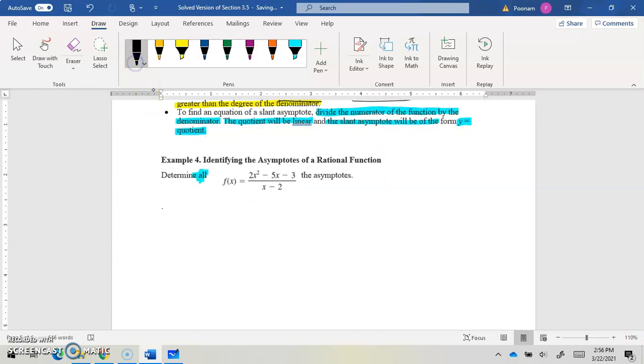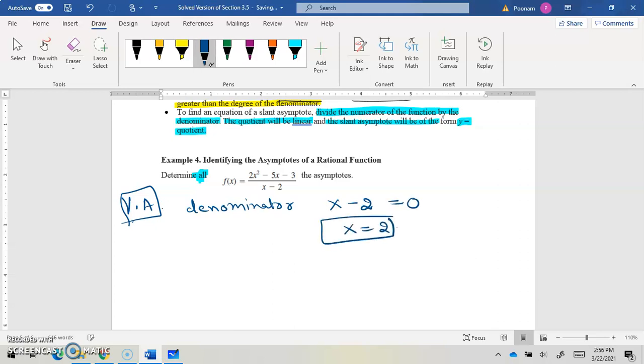First of all, let's work on vertical asymptotes. For the vertical asymptote, we need to find the zero of the denominator, which is x minus 2, so that is x is equal to 2, and that equation would be the vertical asymptote. Next, we have to find the horizontal asymptote.